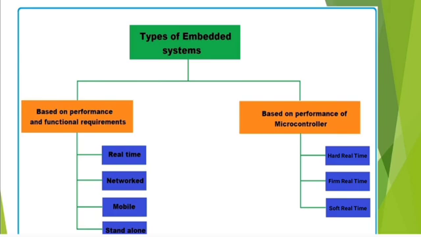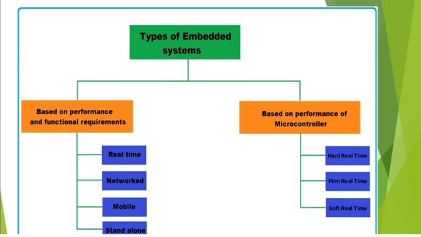In this embedded system, there is not a life loss but property loss takes place if the embedded system is not working as it is expected. Example is fire alarm.